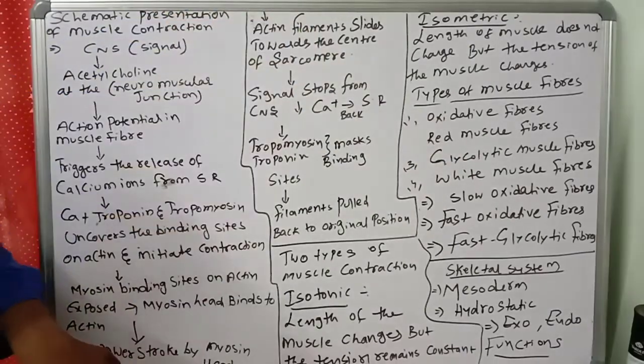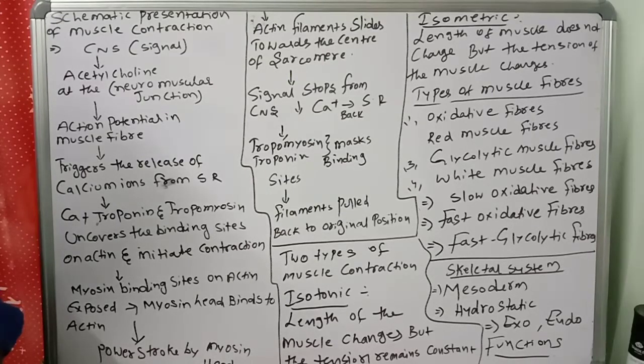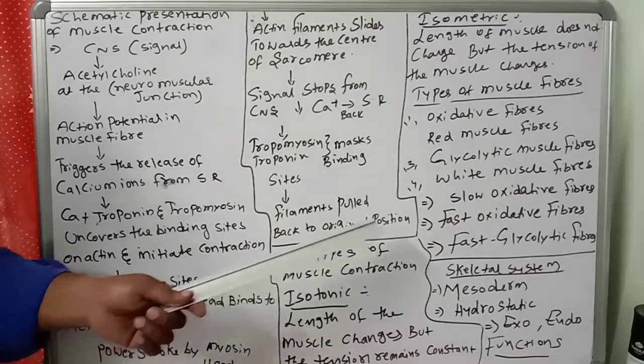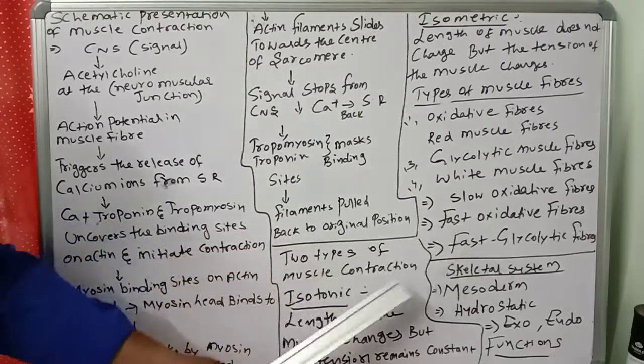So based upon mitochondria, glycolytic enzymes, pigments and phosphorylation, muscles are divided into red, glycolytic and white. Next, skeletal muscle fibers are further classified into three types based on the above classification: slow oxidative fibers, fast oxidative fibers, and fast glycolytic fibers.